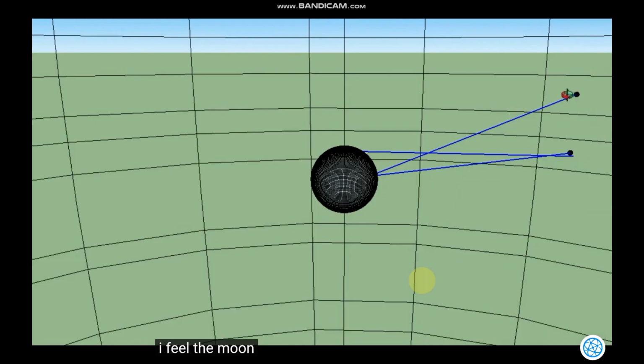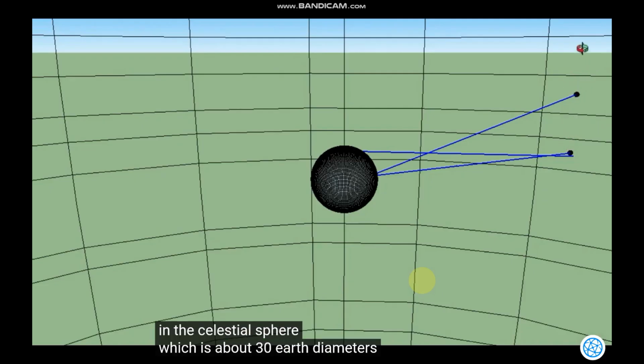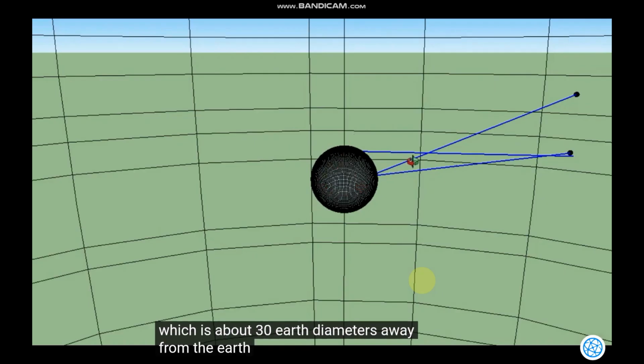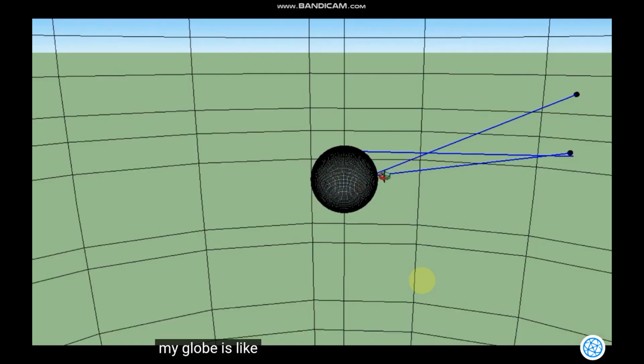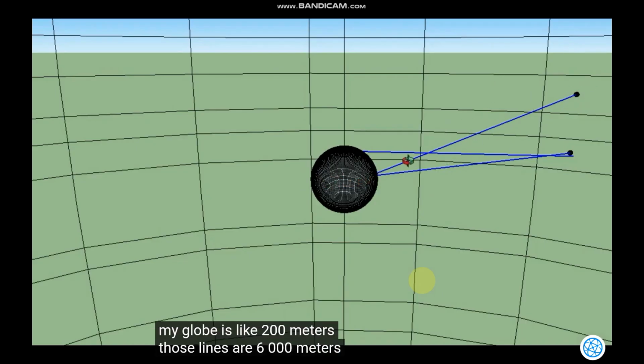I have here the moon in the celestial sphere, which is about 30 Earth diameters away from the Earth. My globe is like 200 meters. Those lines are 6,000 meters.